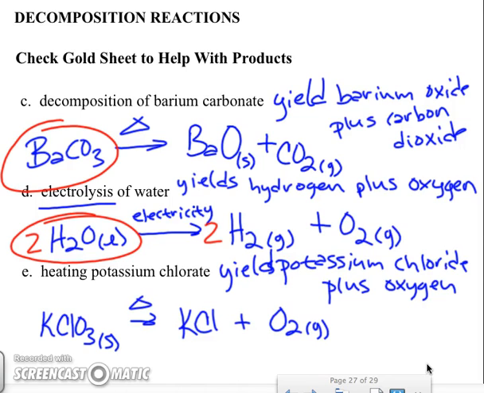Add a triangle over the arrow, and all we need to do is balance the equation. The oxygens are not balanced. We need to get them to 6. And a 2 in front of the potassium chloride. The equation's balanced. Again, a decomposition reaction because there is only one reactant, one thing on the left side of the arrow.